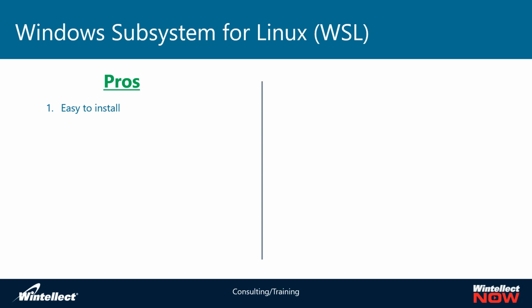We saw this in the demo where I was able to go into programs and features and simply check a box, and that installed the Windows Subsystem for Linux, and then I just went into the Windows Store and installed the Ubuntu distro for that. I didn't have to download an ISO, I didn't have to configure a VM, I didn't have to provision any of that or have any of the system knowledge that's needed to install Linux. That's very easy to do within the context of Windows to get the Windows Subsystem for Linux up and running.